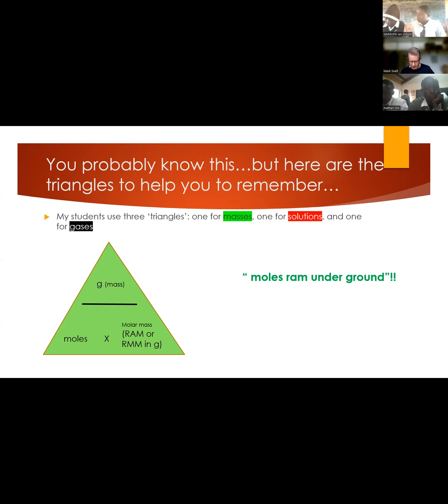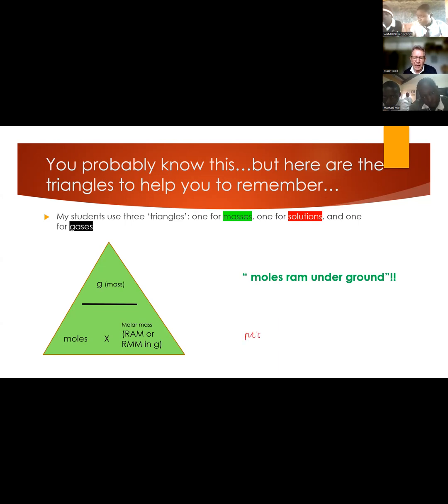Now, I asked one of my students how he could remember this triangle. And you probably know what a mole rat is. A mole rat is a pretty ugly guy who lives under the ground. And so what my student came up with was this.